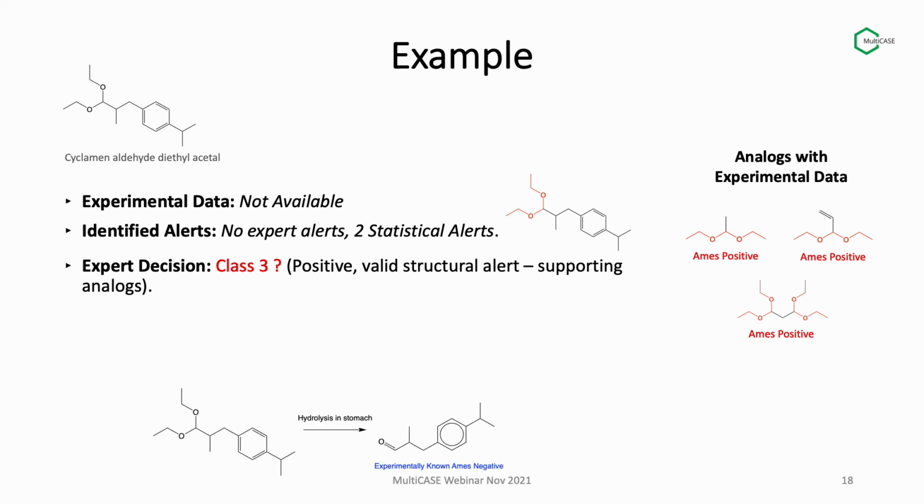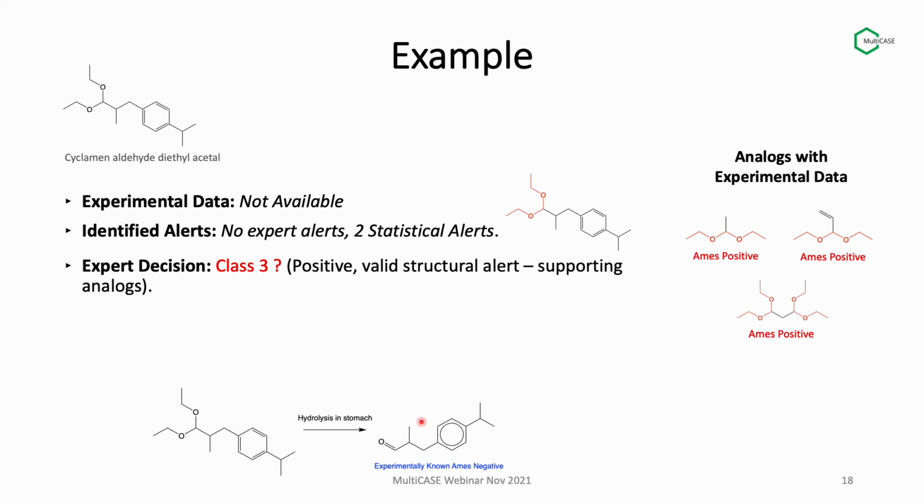But when I looked into the metabolism of this compound, I found that the acetals are unstable and are converted to aldehydes inside the body, and that aldehyde is the responsible factor for causing mutagenicity. But in this case, the aldehyde metabolite is a known Ames negative compound. So that's why I put this question mark. It could be a class 5 compound based on this data.